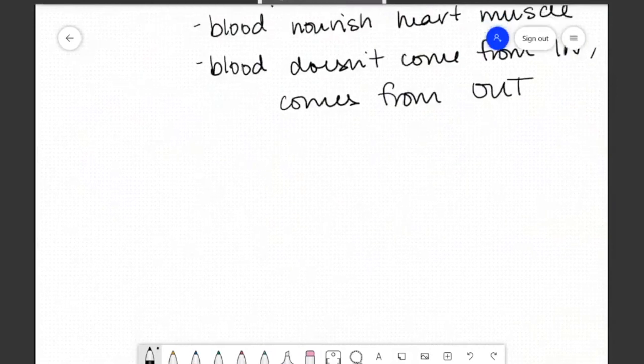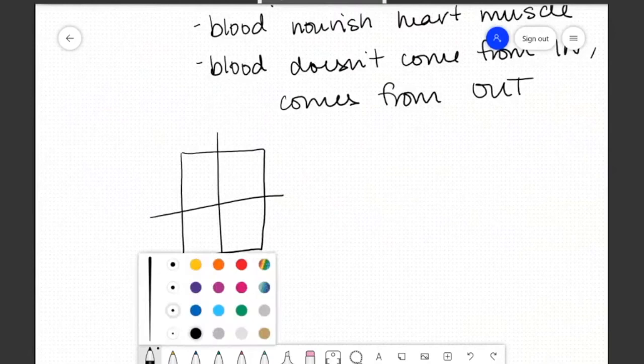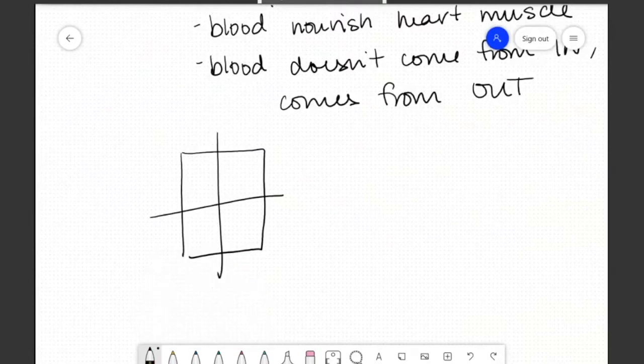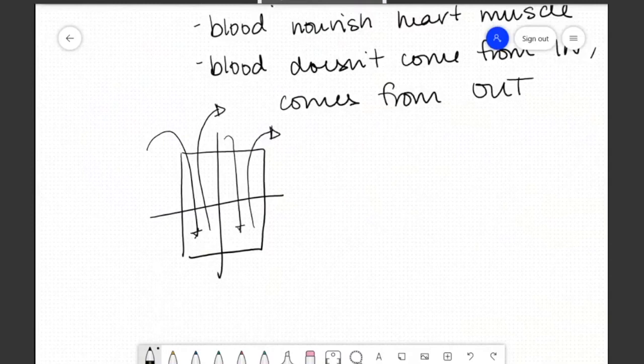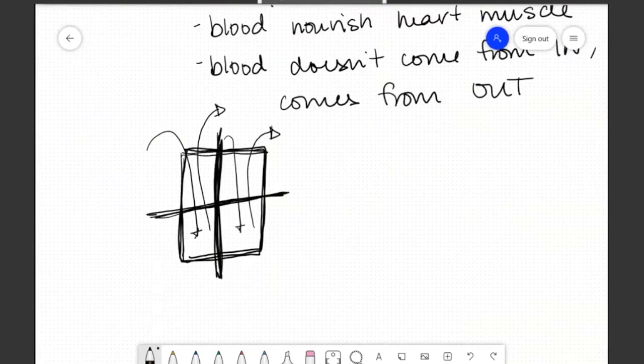Essentially what we're saying is, if this is our heart muscle, I'm just going to do arrows, not blue or red. If we have blood coming in, blood going out, we should be good with this process. What we're saying is that nowhere in this process is the blood flowing inside of our four chambers ever actually nourishing the heart muscle itself.